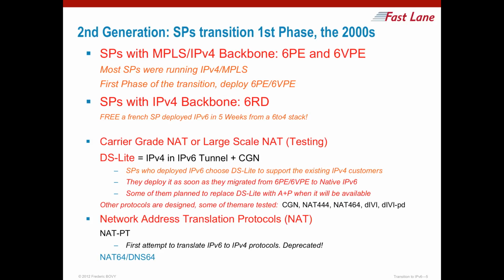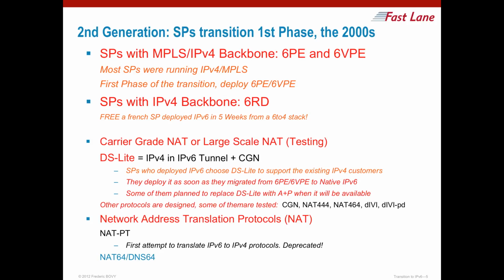The second generation of protocols are the protocols which have permitted the service providers to develop and provide IPv6 services. So for service providers with an MPLS backbone, the solution was 6PE and 6VPE. Cisco started to develop 6PE in the very early 2000s. Why? It is very simple.